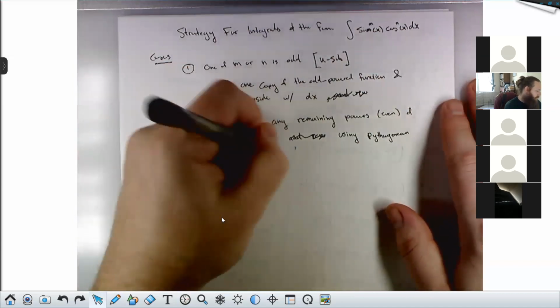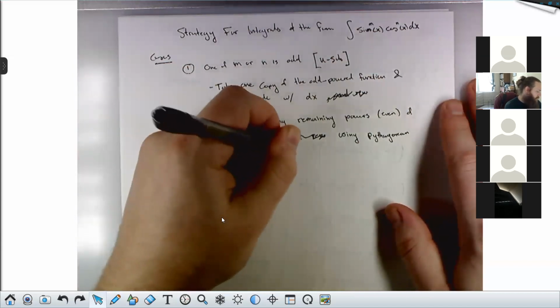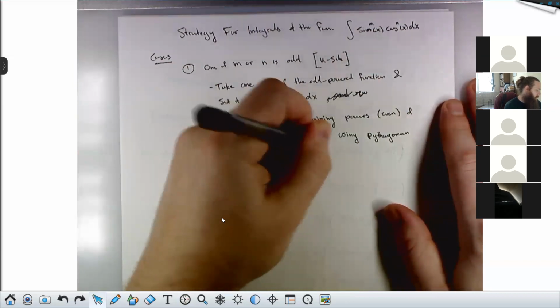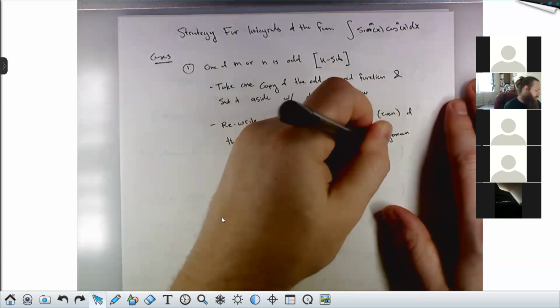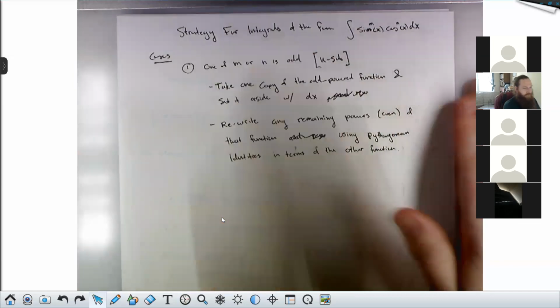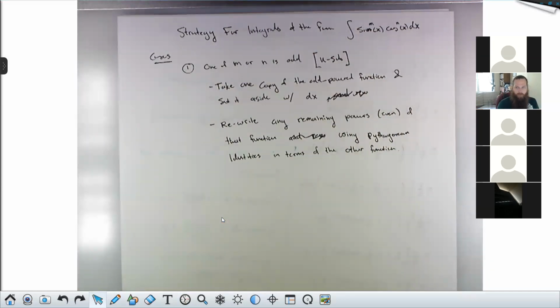So you're going to rewrite in terms of the other function. If sine was the odd powered guy, you're going to grab one copy of sine, set it aside. That will leave you an even power of sine left over. That even power of sine, you'll always be able to rewrite using Pythagorean identities as cosines.